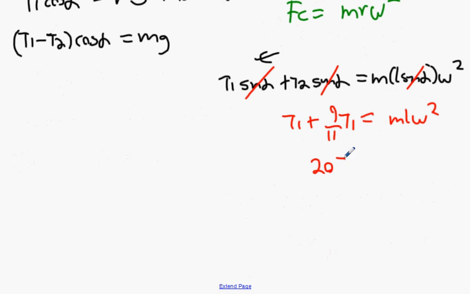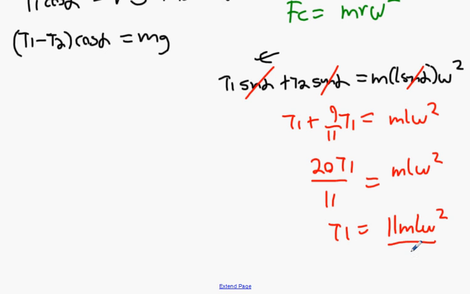So we're going to have 20 T1 over 11 equals ml omega squared. T1 is going to be 11 ml omega squared all over 20. Everybody happy enough with that? Okay, I've worked that down to how many variables now? Actually, I had 5 to begin with, T1, T2, L, alpha, omega, and now I'm down to 3.